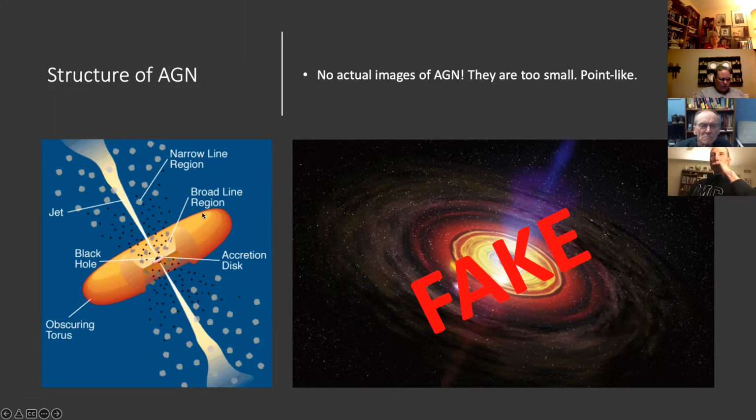We make observations and we say, oh, these lines are broad, so there's broad line regions. These lines are narrow, so there has to be narrow line regions. But the basic structure is we have an accretion disk, a supermassive black hole, and then these jets of charged particles that exist due to strong rotating magnetic fields.